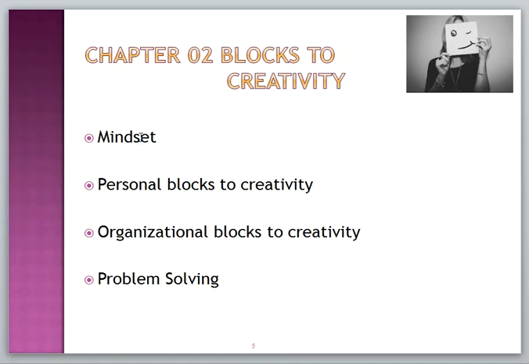The first one is mindset, especially the fixed mindset. 2 categories of blocks we will discuss, personal ones and organizational ones, and then in the end we will talk about a methodology, a model for problem solving by Newell and Simon, 3 stages of problem solving, and where blocks can affect these stages of problem solving.